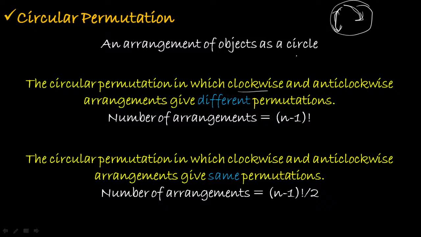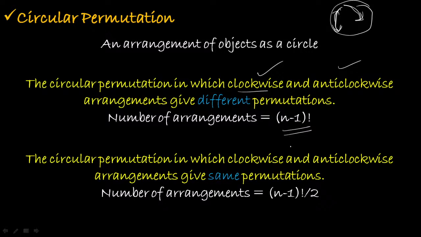So in circular permutations, the clockwise and anti-clockwise arrangements can give you different permutations or the same permutation. These are the two different things we have to concentrate on while dealing with circular permutations. If clockwise and anti-clockwise arrangements give different permutations, you make use of the formula n minus 1 factorial to give the number of arrangements.